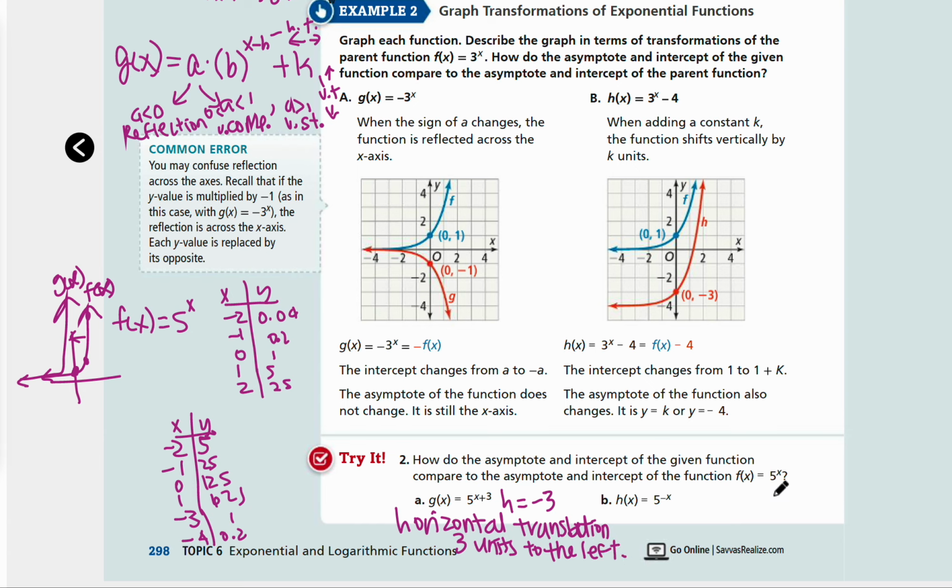And then part B, h of x is equal to 5 to the power of -x. The only difference is the negative. So if you have that here, then you have a horizontal compression, stretch, or reflection.